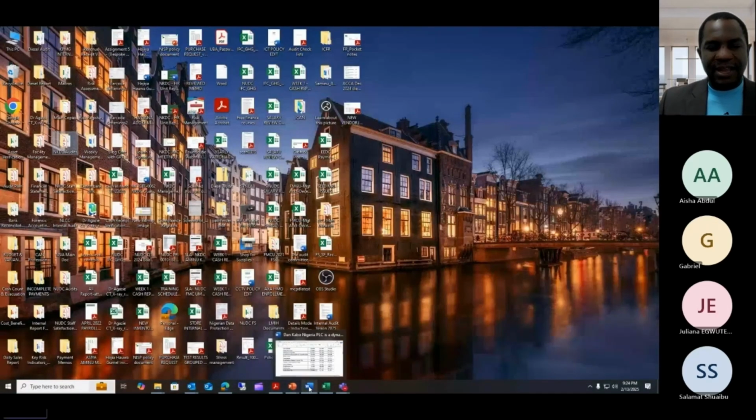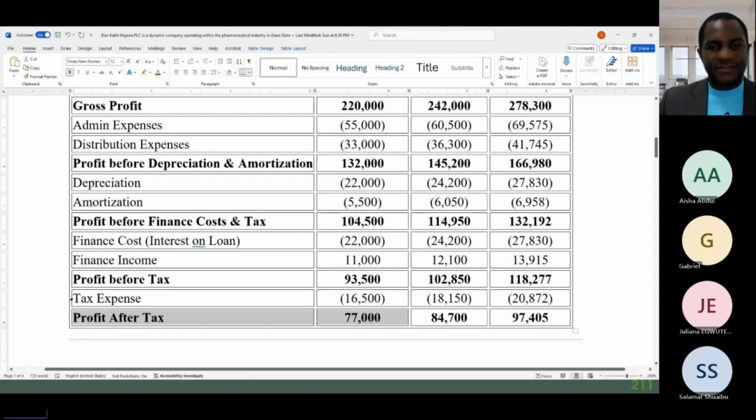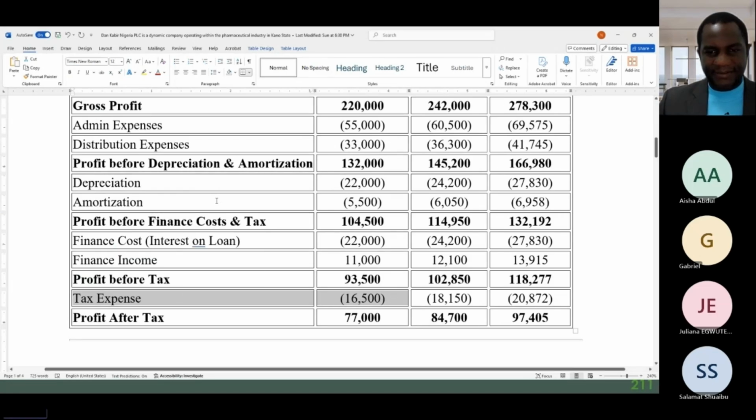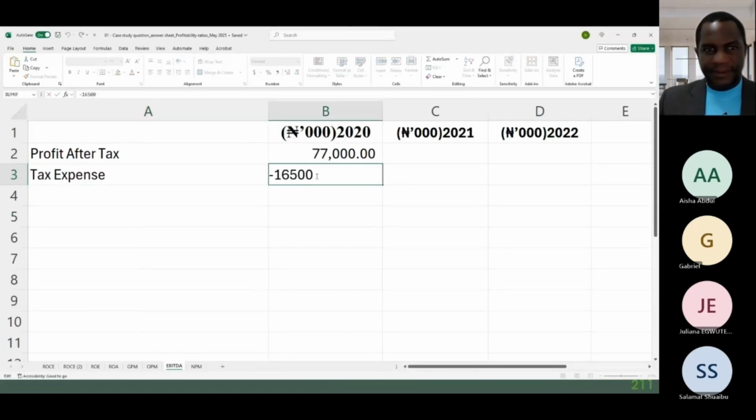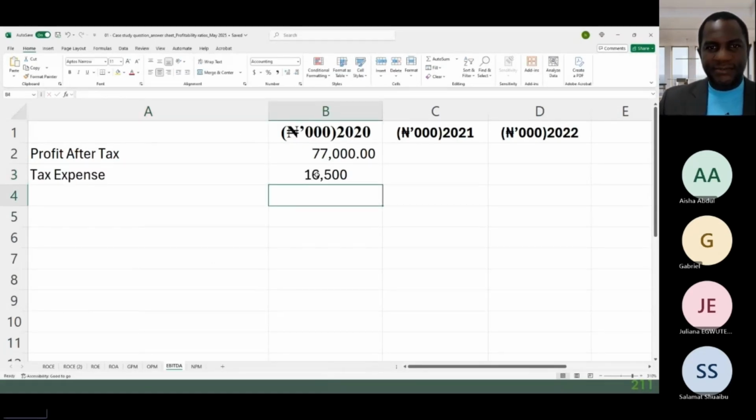So I'll go and add back. The first thing I have is taxes. So I'll take my tax and add it back. Tax is supposed to be negative, but I'm adding it back because it's supposed to be a walk back. We call it walk back.